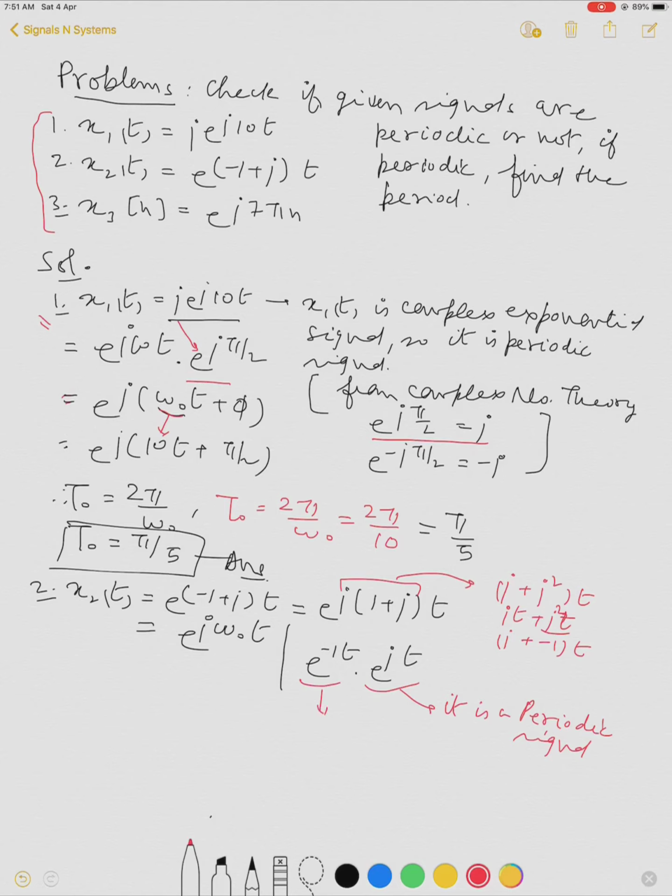This is an exponentially decaying signal, and this is not a periodic signal.